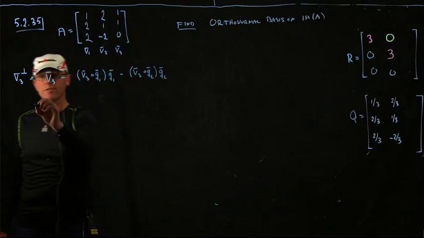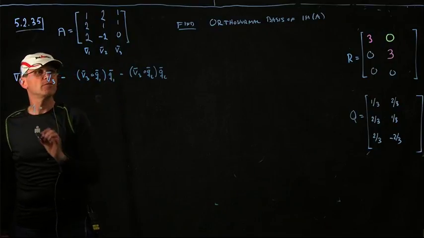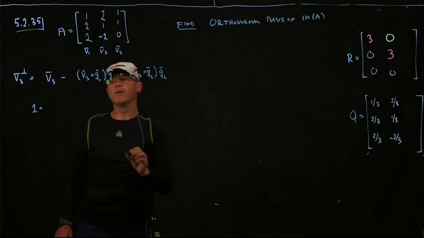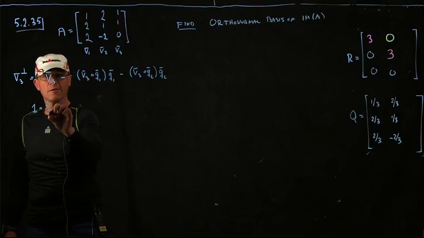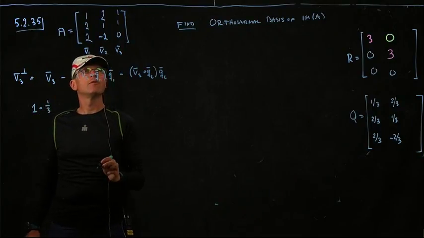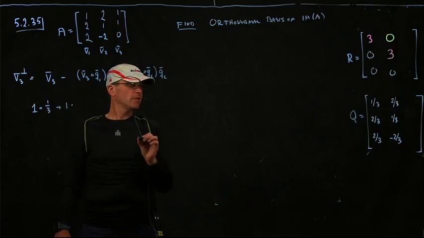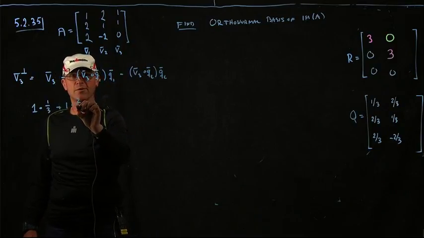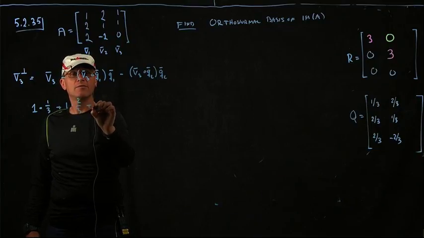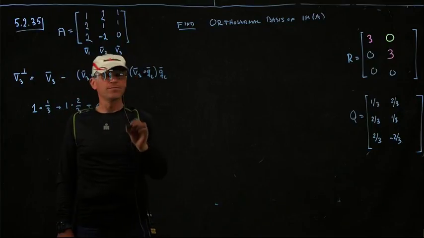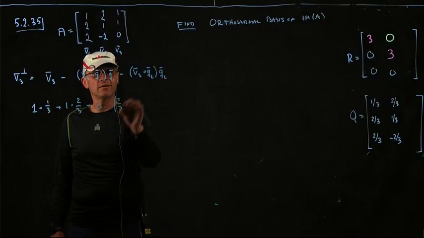So we have V3 sitting over here. We have 1 times the first component in Q1, which is a third, and 1 times the second component of Q1, which is 2/3, and then 0 times 2/3.